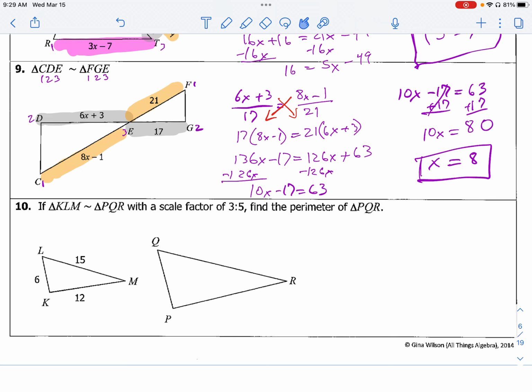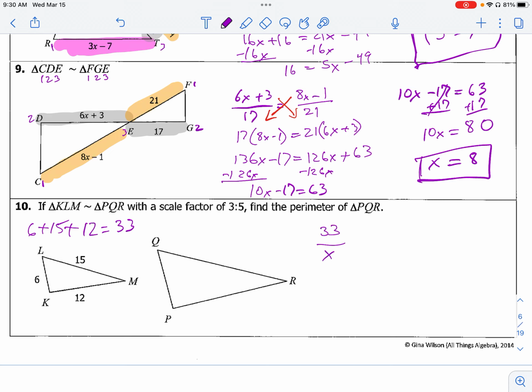Okay, so scale factor of 3 to 5, find the perimeter of PQR. So this one is just, let's find the perimeter of our other triangle. So 6 plus 15 plus 12 equals 33, which is KLM. So KLM comes first, 33 is going on top.